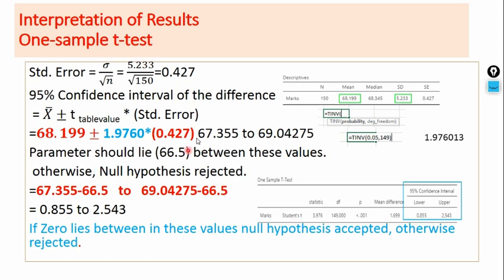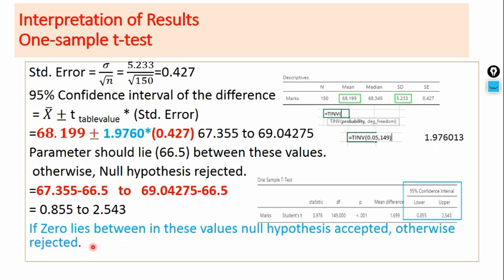After calculating 67.355 and 69.055, subtract 66.5 from the lower value and from the upper value. Then you will get 0.855 and 2.543. You can check this value matches.